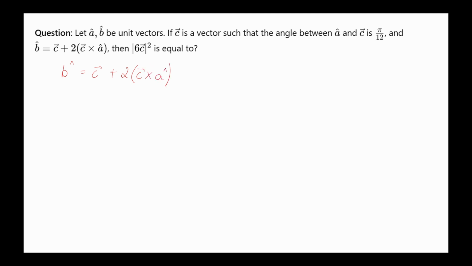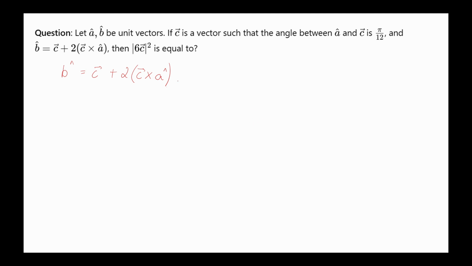Now from here, one thing that you can see is that, let's say if I square this, basically dot product this entire vector with itself, what would I get? B cap dot product with B cap would give me 1. C vector dot product with C vector would give me C vector's modulus. So there can be something that I can get.